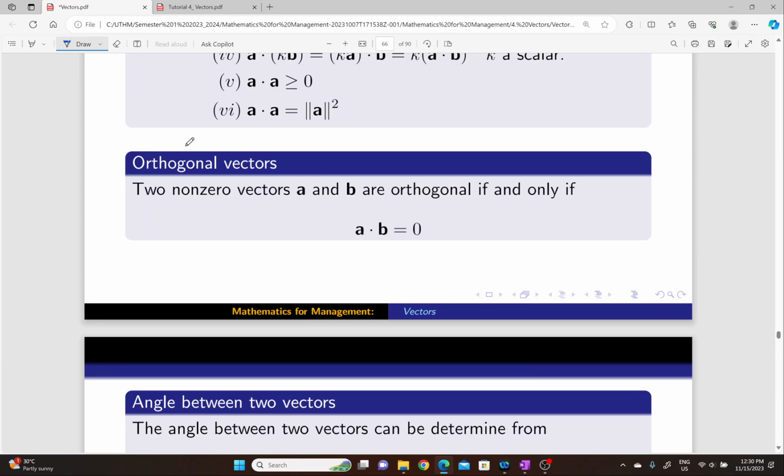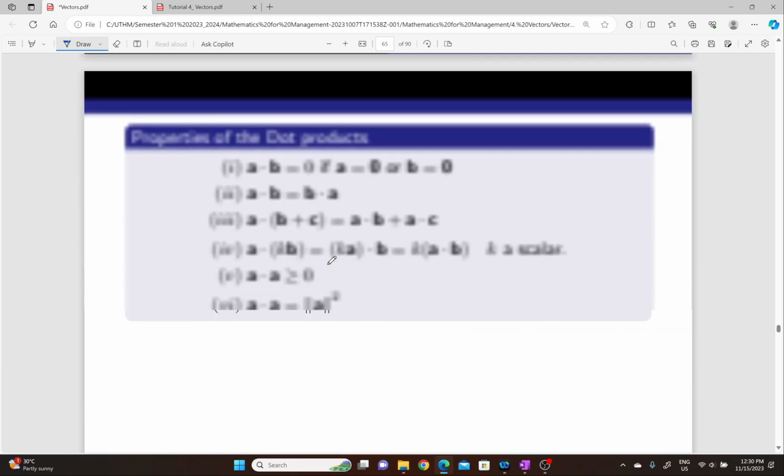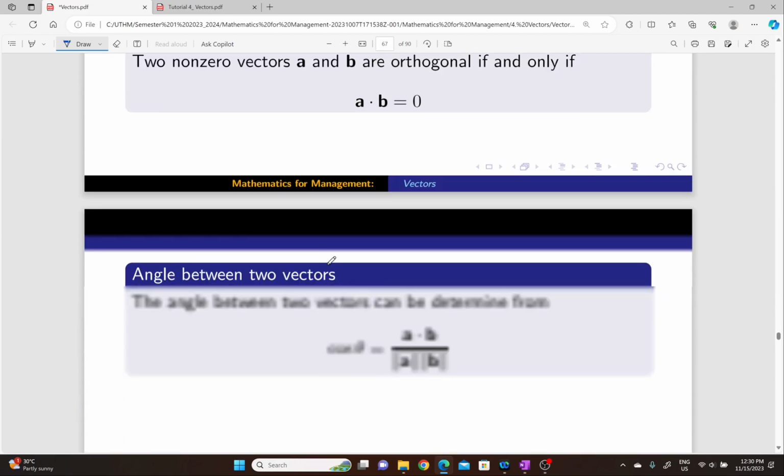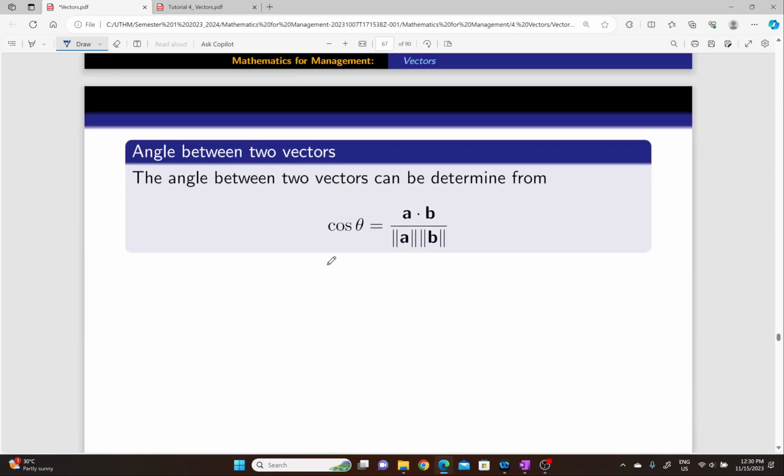You can go through this if you want. Oh, one thing I forgot to tell you. Let me go through this angle first. The angle between two vectors can be determined from this one.